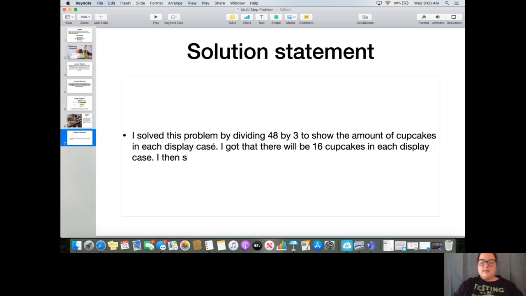I then subtracted 16 by 7 cupcakes that were sold throughout the day.